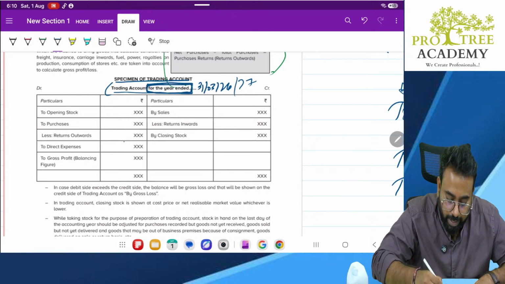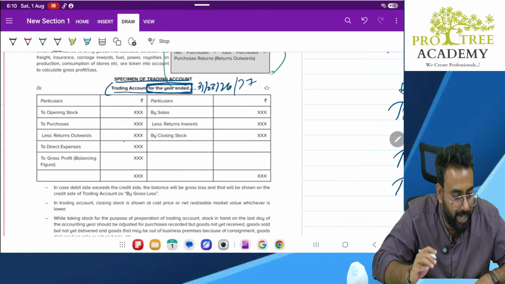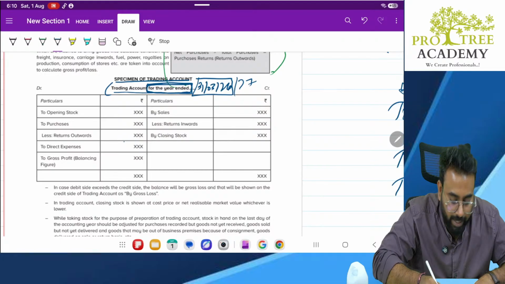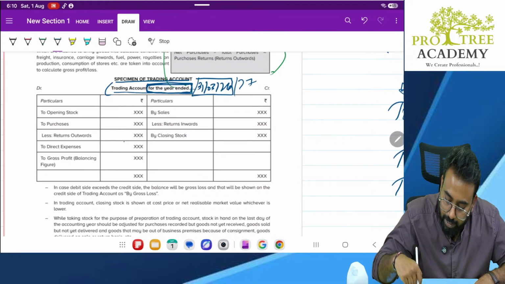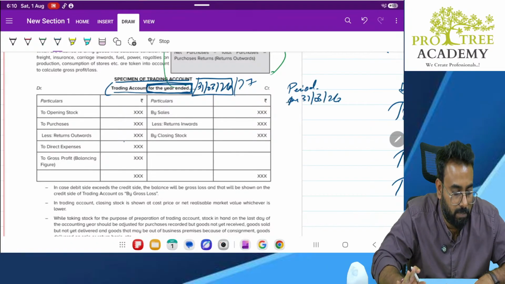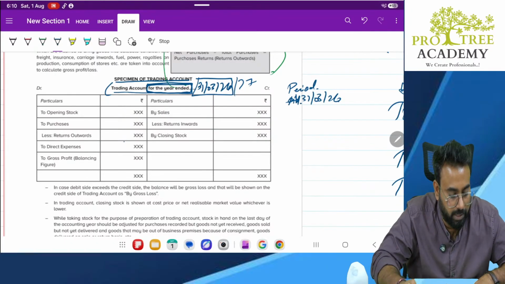Trading account is prepared for the entire year, up till this date. Till 31st March, you are including all the transactions in this account.